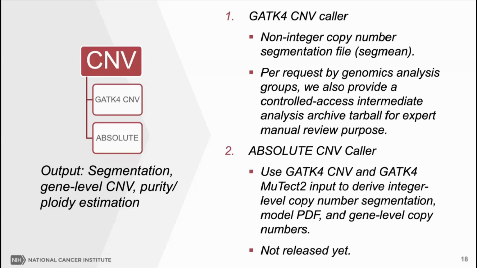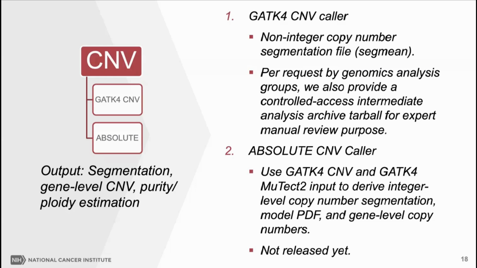Manual review is sometimes still necessary for a small subset of samples, because ASCAT or ABSOLUTE, those two tools we have adopted, don't always produce accurate results automatically without manual review. That's why you will hear me talk about manual review quite often.